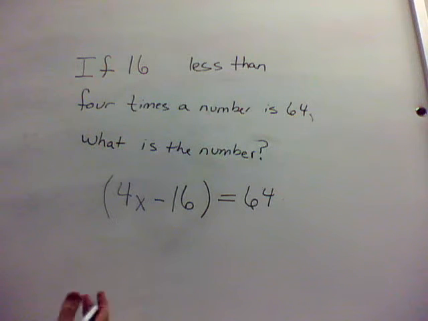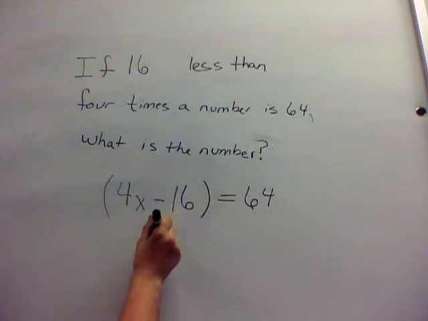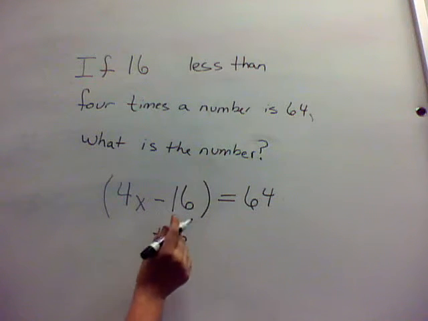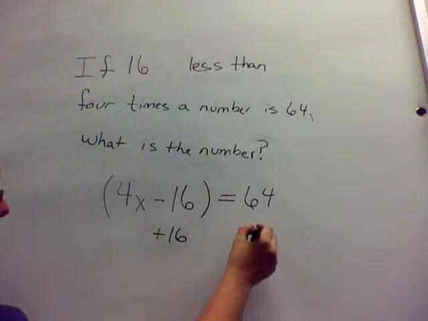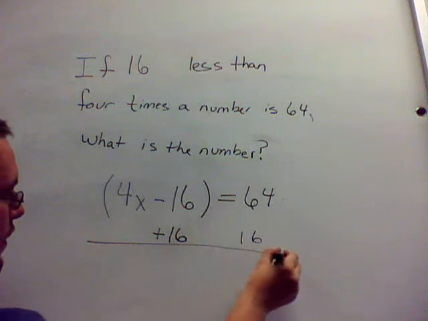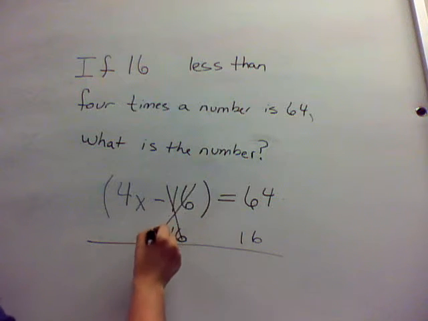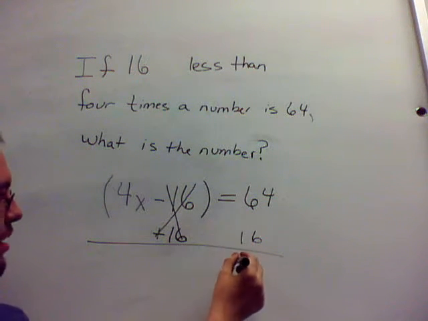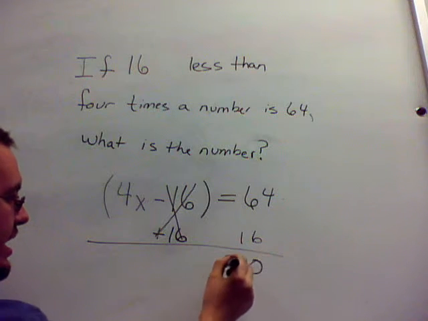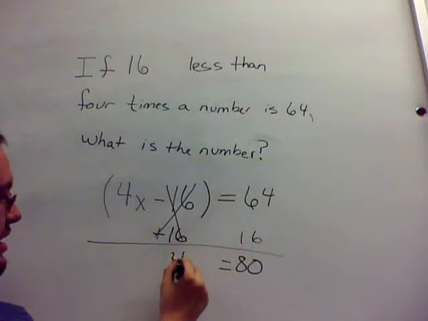4 times, okay, so what's the number? We're trying to figure out what x is. No big deal. We're just going to add 16 to both sides. That goes away. That cancels off, and I'm going over to the other side, leaving this side with 80, and this side with 4x.